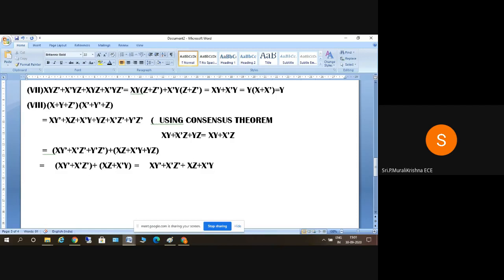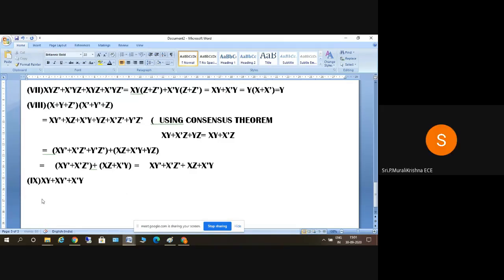We have proved the consensus theorem also, and checked the duality of the consensus theorem also. Have you noted that? Yes, sir. So this is the simplification of the consensus theorem, and this is the final one here. Clear? Yes, sir.